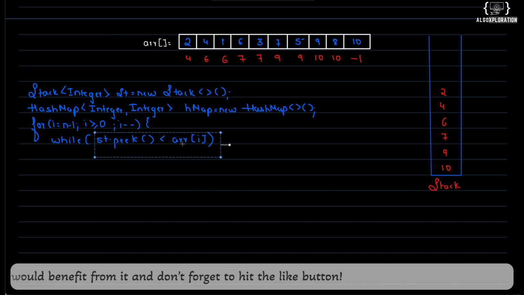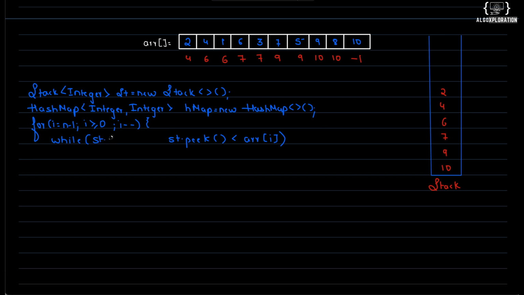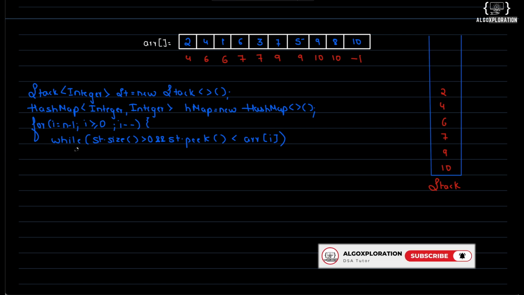So I need to have that condition as well: stack dot size should be greater than 0. If it is, then only I will move forward. Now if this condition is true, I need to do stack dot pop.